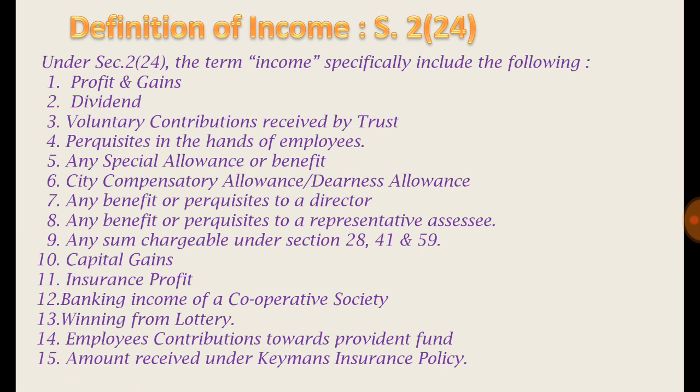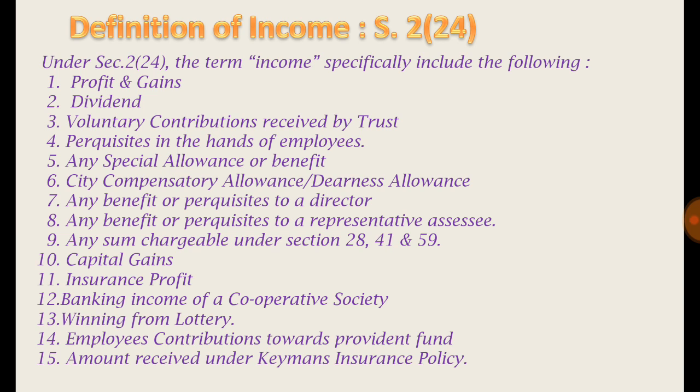Then amount received under a keyman insurance policy. There are many businesses dependent for their huge profit on the skills of a particular employee who is very important for that firm. That business can take insurance on that person.